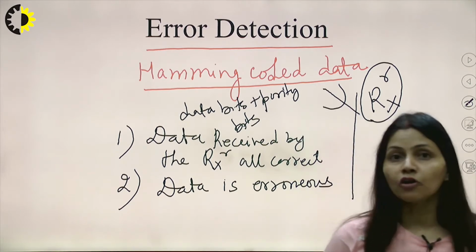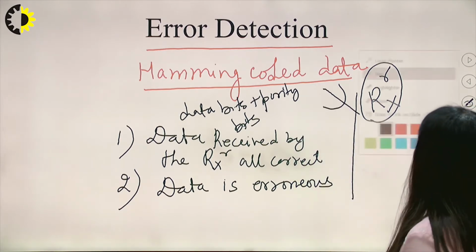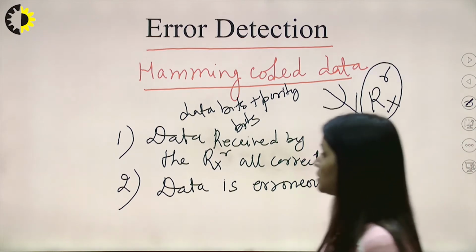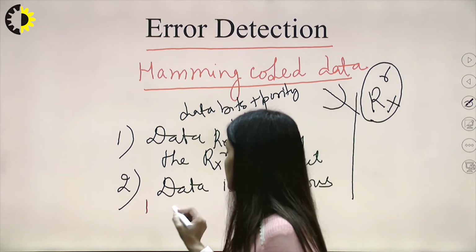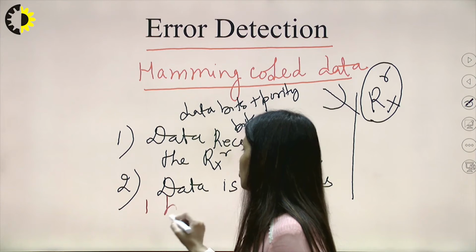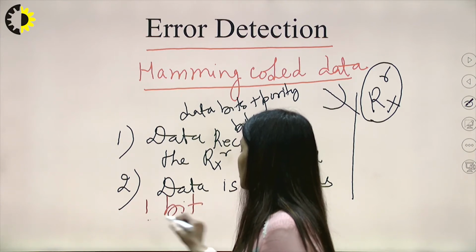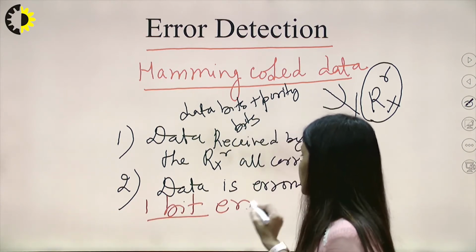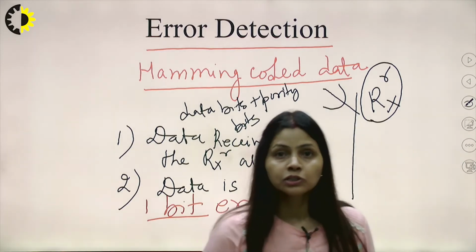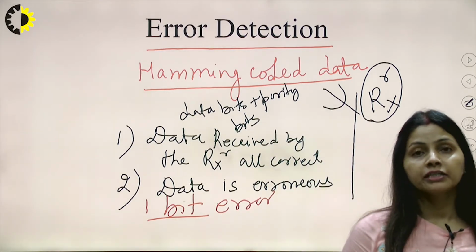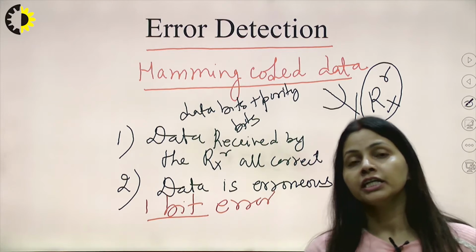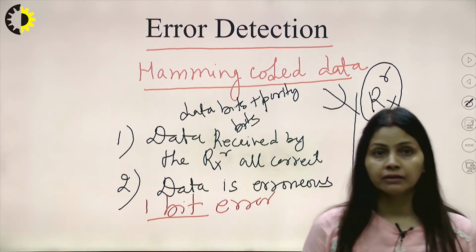Here it is important to note that the Hamming code detection process can only detect for one bit error. So this particular algorithm is only for the detection of single bit.